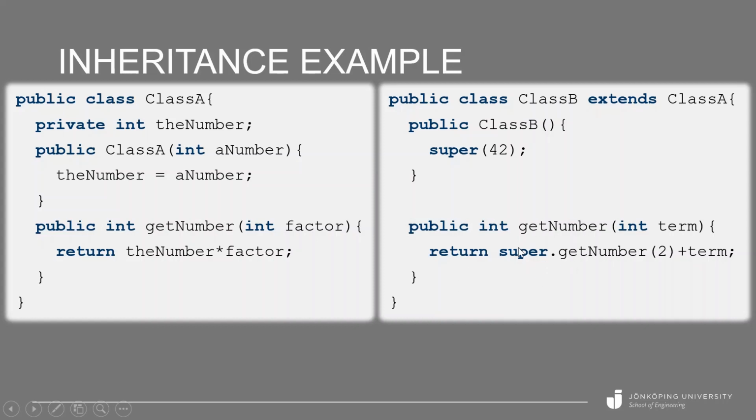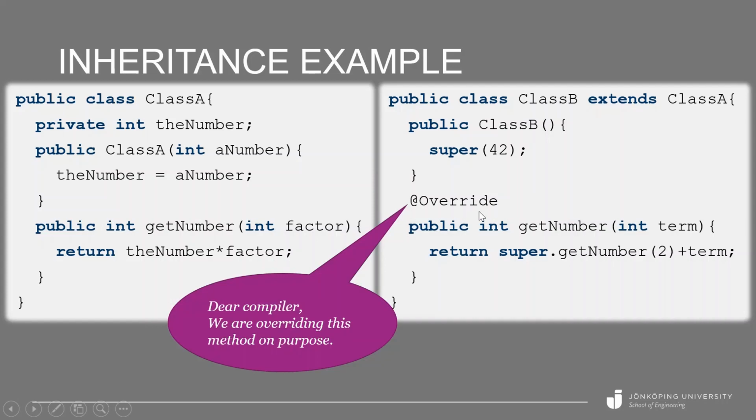When we override a method like this, we should also use an annotation called @Override. What we do with this annotation is tell the compiler that we are overriding the method we have over here on purpose. Imagine that the superclass contains 100 different methods. Then when we add a new method to our own class here, we might by accident name that method the same name that a method has over here.